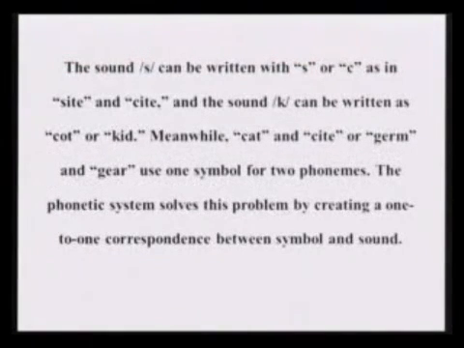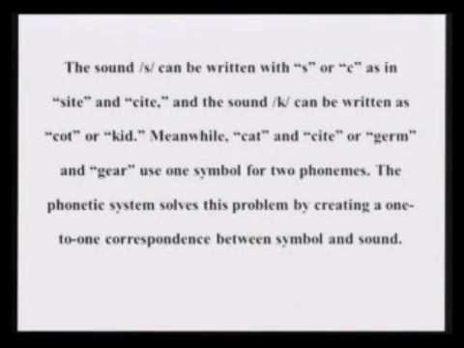نبص كده. س the sound S can be written with S or C as in sight and sight, and the sound K can be written as cot and kid.